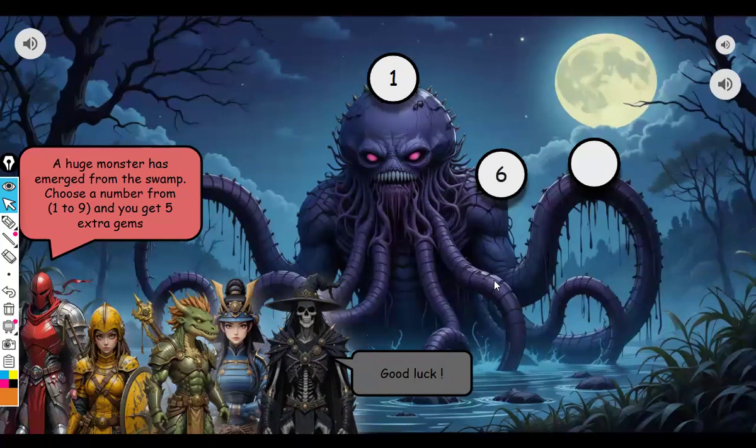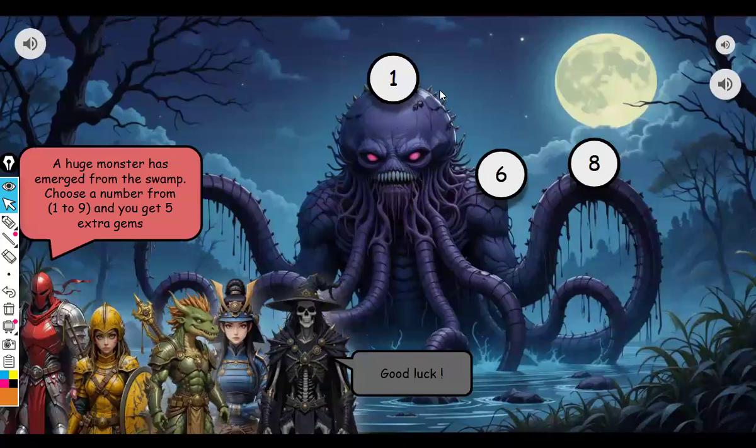The second value is 6. And the last is 8. 1, 6, and 8 were the lucky values.